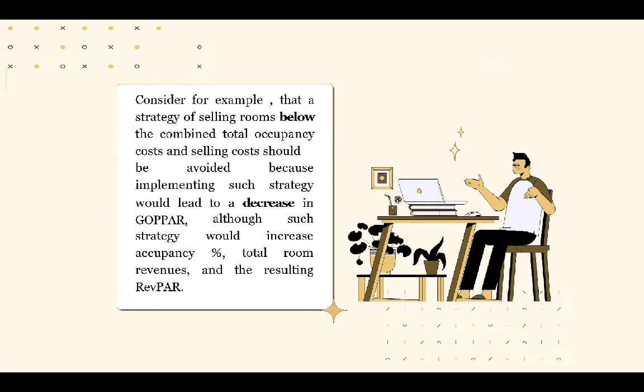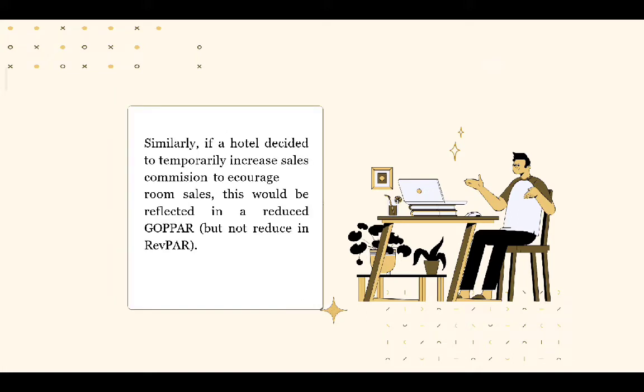Consider, for example, that a strategy of selling rooms below the combined total occupancy cost and selling costs should be avoided because implementing such a strategy would lead to a decrease in GOPAR, although it would increase occupancy percent, total room revenues, and the resulting RevPAR. Similarly, if a hotel decided to temporarily increase sales commission to encourage room sales, this would be reflected in a reduced GOPAR but not in a reduced RevPAR.